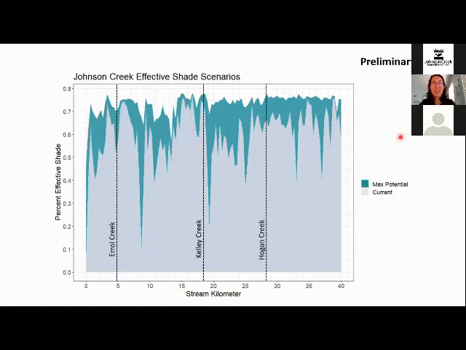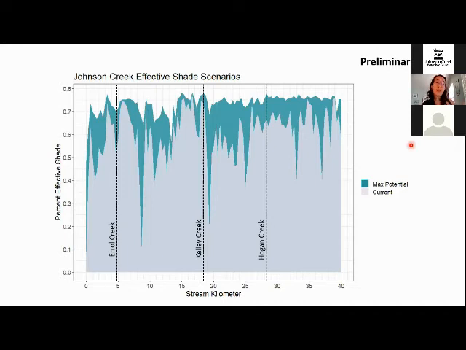Now, the light color that you see is modeled, and this is based on the 2019 LIDAR. This is the current conditions, what our streamside vegetation is currently providing in terms of riparian shade. You can see it's variable in different locations, but there are spots where we get pretty close to potential, versus other locations where we are missing a lot of riparian vegetation and aren't up to that potential.